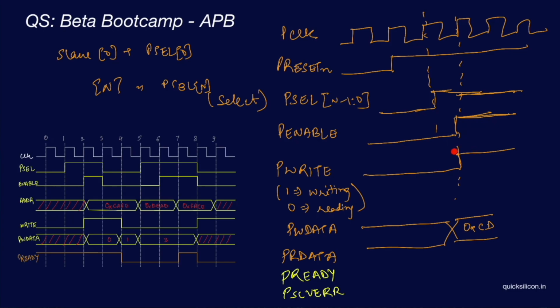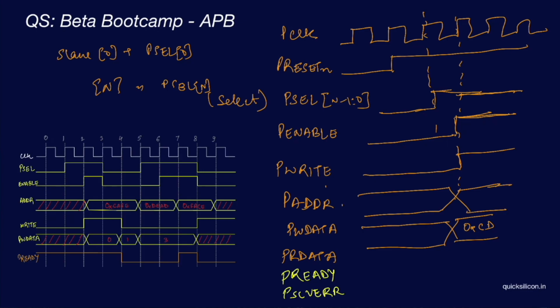That is, your p write should have reached the value which you want to send for this particular transaction, as well as your p write data. And I missed one signal, which is your p addr signal. So let's add it here. You have your p address signal also, which tells to which particular address you want to write this request.